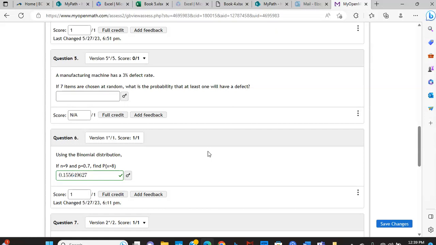So let's calculate in Excel no defects at all, and then we will subtract that from 1 to get at least 1, essentially. So I am going to put 0 in as having no defects as my number of successes, 7 as my number of trials, and 3% or 0.03 as our probability.